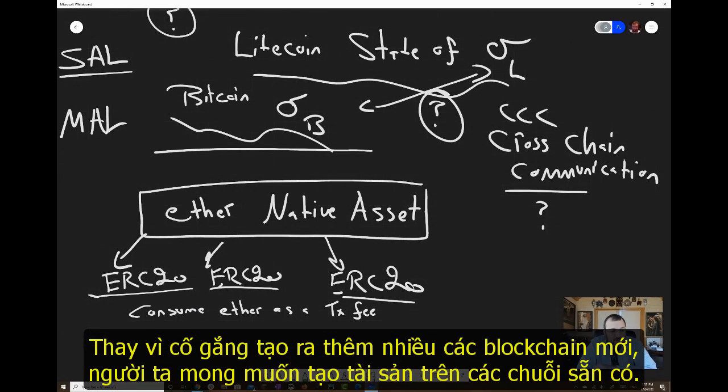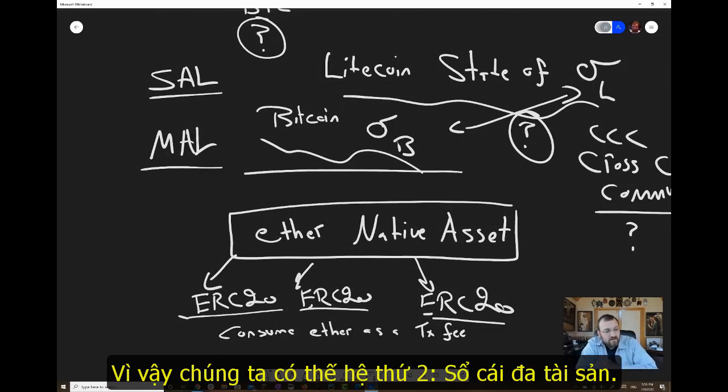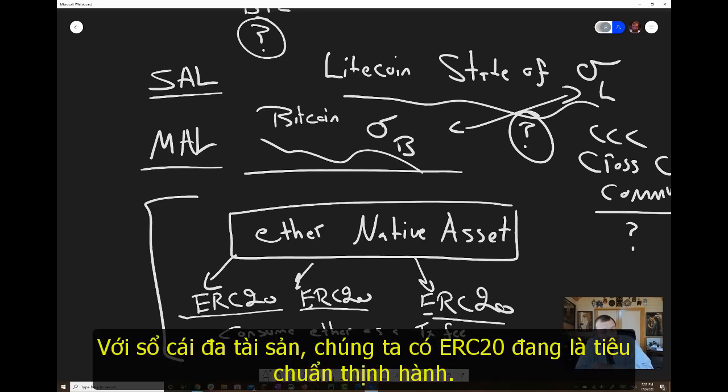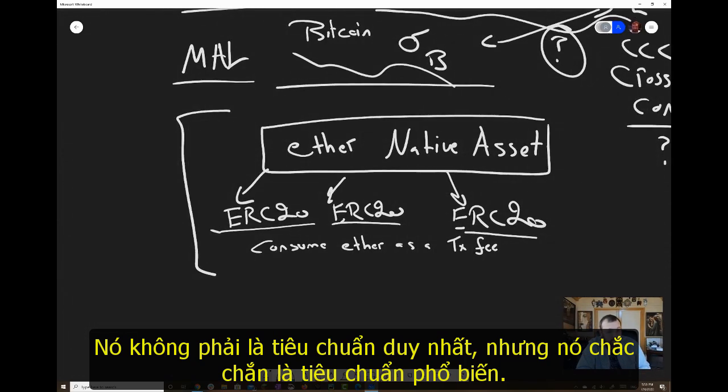And so what's happened is, instead of trying to get more blockchains floating out there, people are starting to embed their assets within existing chains. And so we have this thing that came out of the second generation, the multi-asset ledger stuff. And right now, as a multi-asset ledger, we have ERC20 as the dominant standard that's been floating around. It's not the only standard, but it's certainly the most dominant standard.